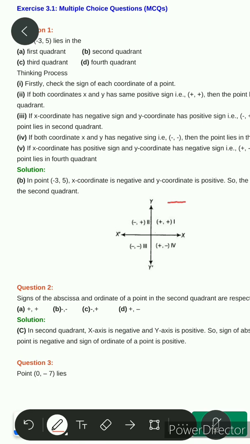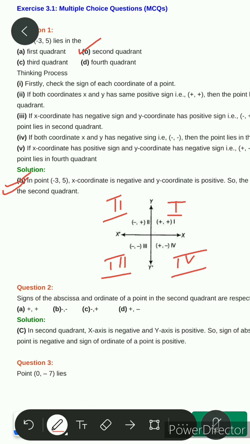You can check here. It is first, second, third and fourth quadrant. The value of x is negative and the value of y is positive. It clearly is option number B, second quadrant.